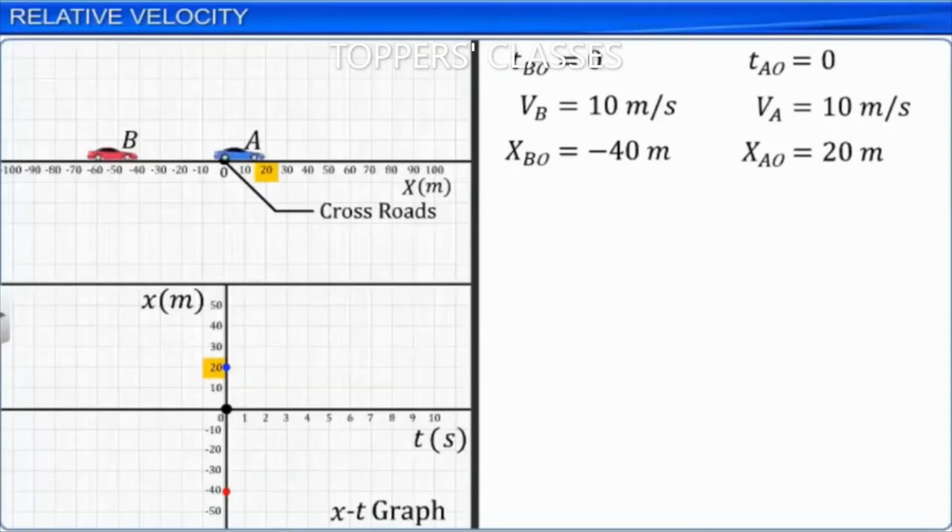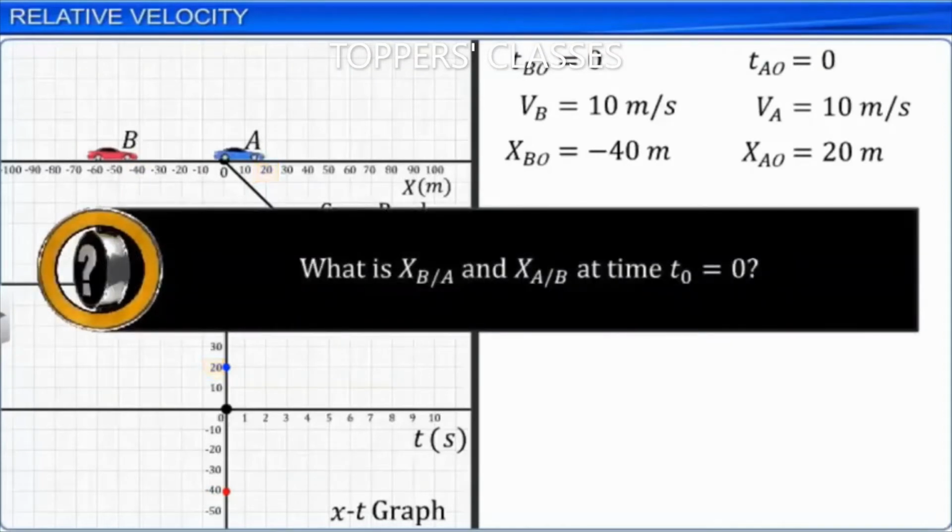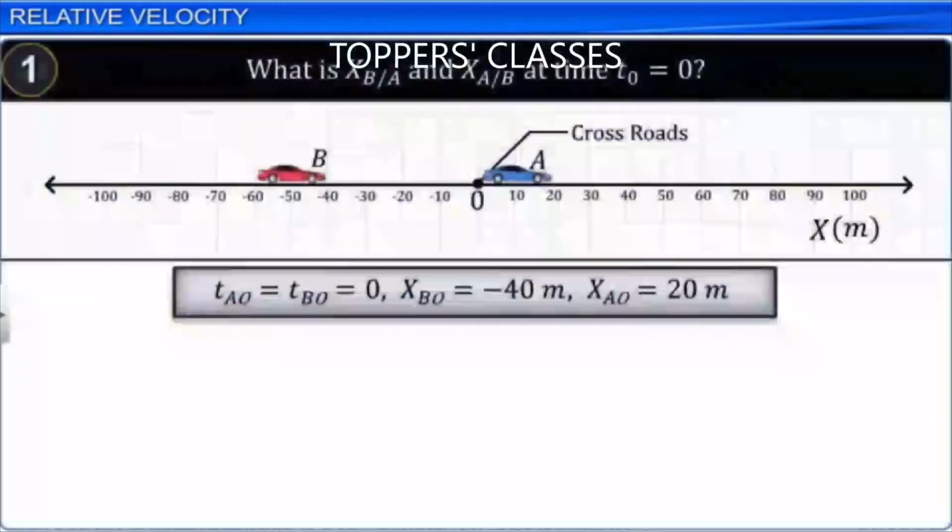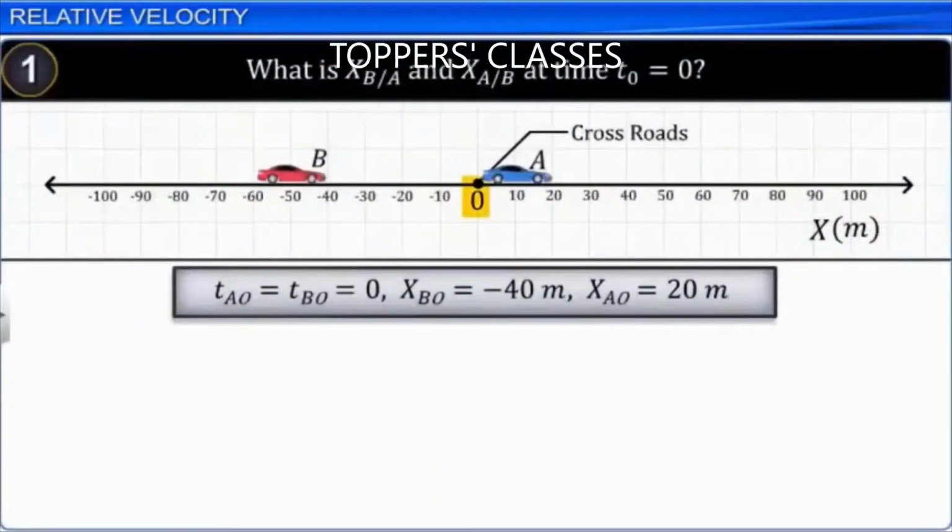What is x B by A and x A by B at time t0 equal to 0? Taking the crossroads as the origin O and time equal to 0, x B by A is equal to x B minus x A. This is equal to minus 60 meters.